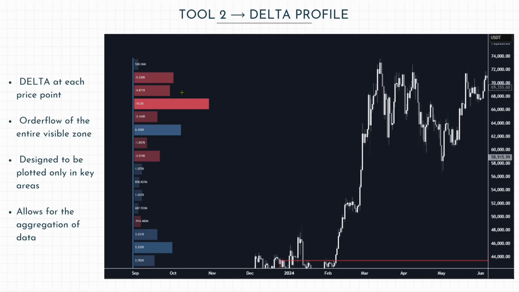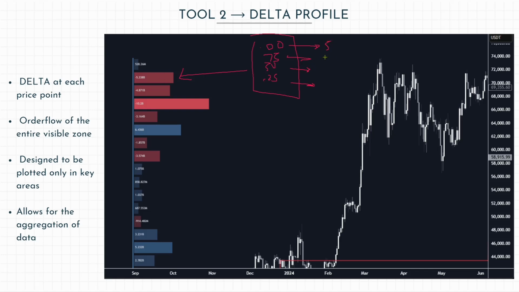I usually aggregate my delta profiles to show me an entire point, sometimes even two. So that means 0.25, 0.50, 0.75, and the full dollar. All of it has its own delta, and what a delta profile will do is aggregate this to show all into one bar.